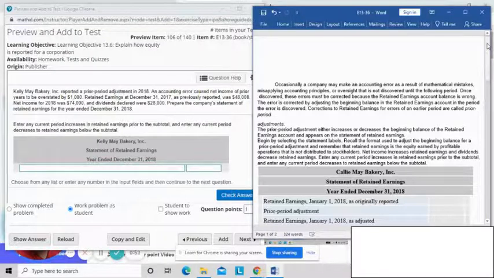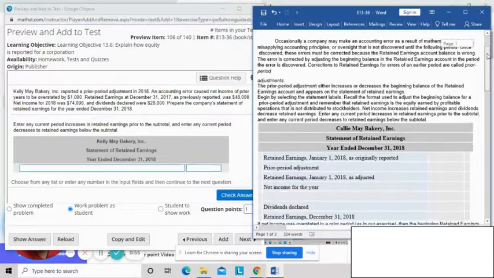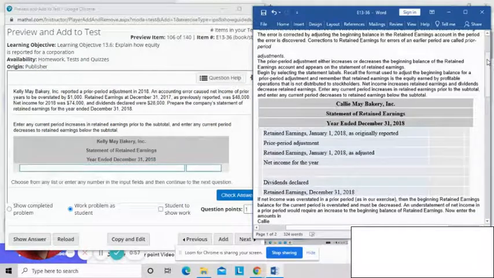The prior period adjustments either increase or decrease the beginning balance of the retained earnings account and appear on the statement of retained earnings. For this problem, you must begin by selecting the statement labels. Recall the format used to adjust the beginning balance for a prior period adjustment, and remember that retained earnings is the equity earned by profitable operations that is not distributed to stockholders.